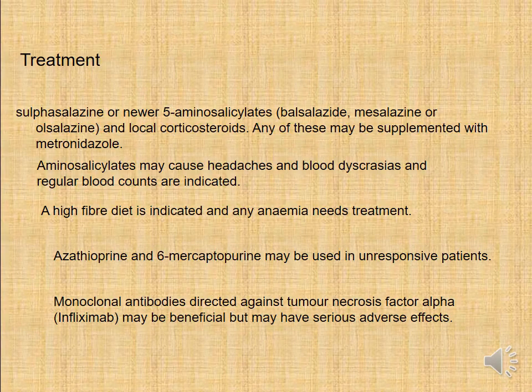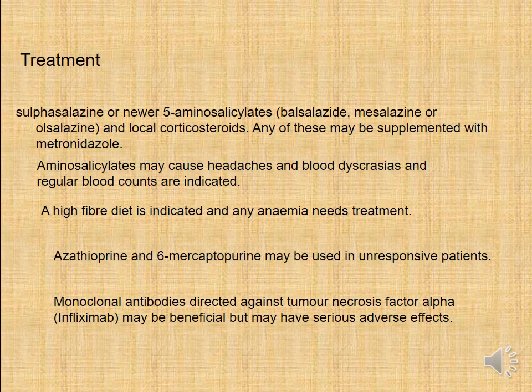The treatment plan: the first medication is sulfasalazine or a newer 5-aminosalicylate, such as mesalazine or olsalazine, and local steroid therapy. Any of these may be supplemented with metronidazole as an antimicrobial agent.